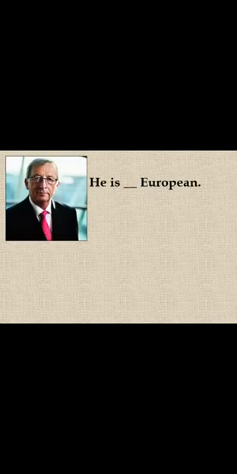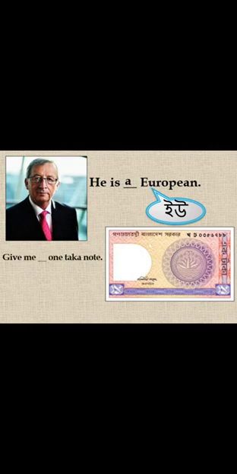He is dash European. U. So you must remember the sound U. If the sound is U, then there will be A. Give me a 1 taka note. Wa. The sound is wa.